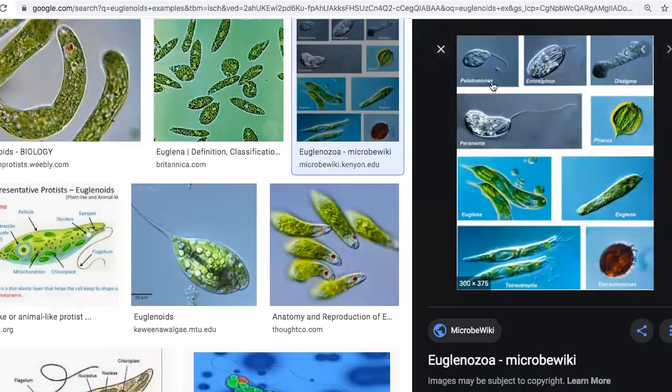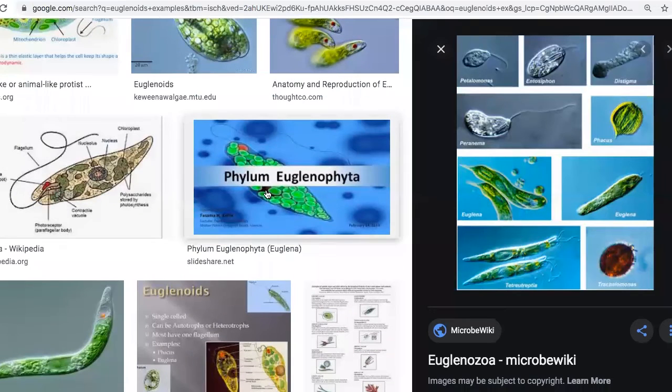Petalomonas is one example. Entosiphon is one example. Diastigma is one example. If you want, you can write these names as examples for euglenoids. Okay, please write it if you want.